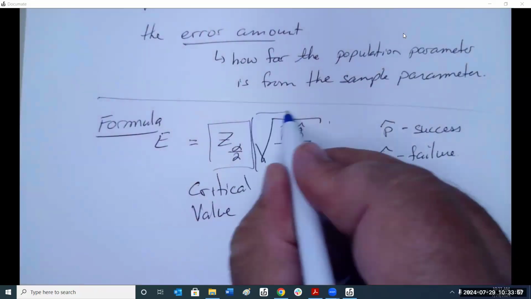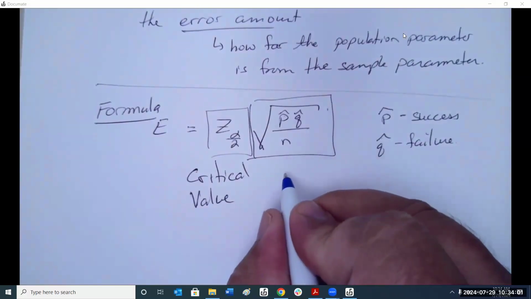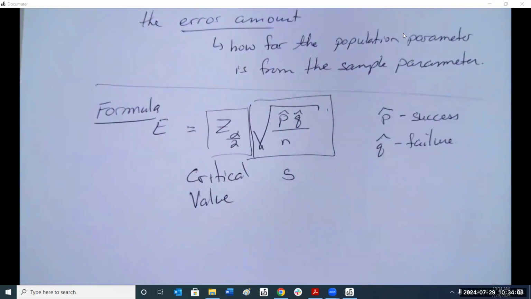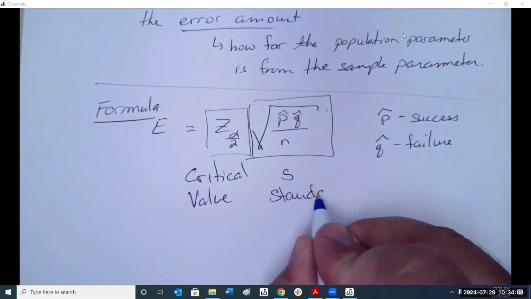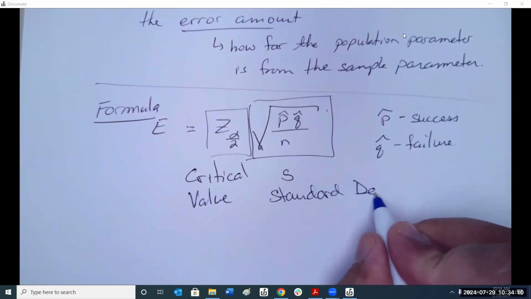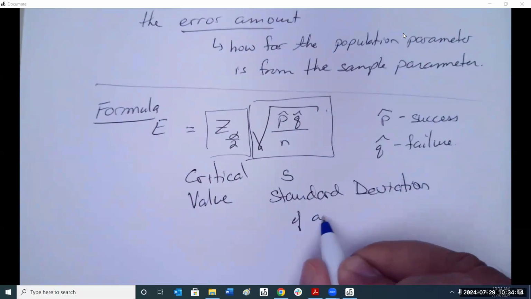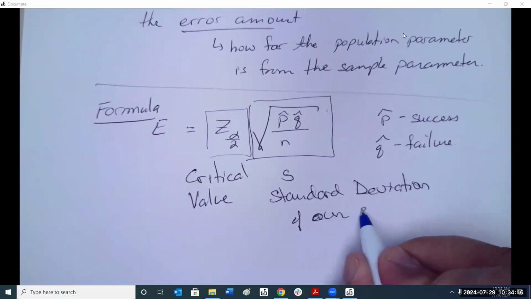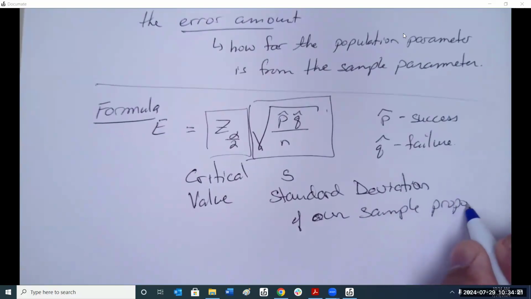And this number is our S, standard deviation of our sample proportions.